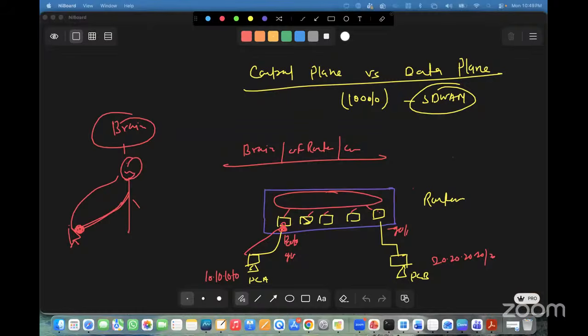After punting the packet on this interface, it consults the brain: hey brain, can you tell me how I can reach there? The brain says, okay, follow the traffic from this interface to that interface. So your brain is going to leverage the routing table.